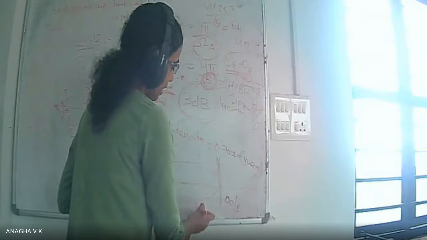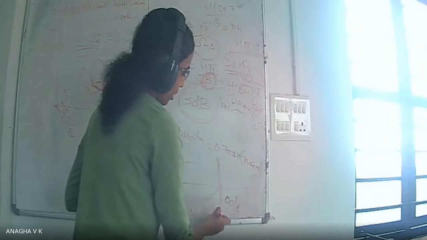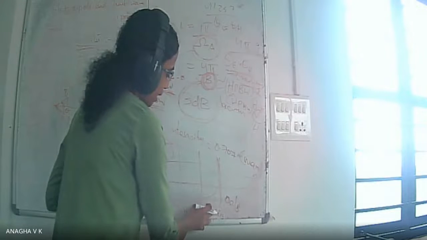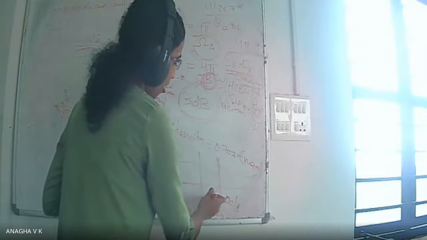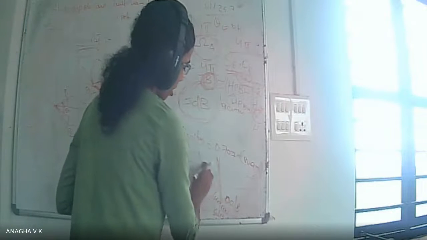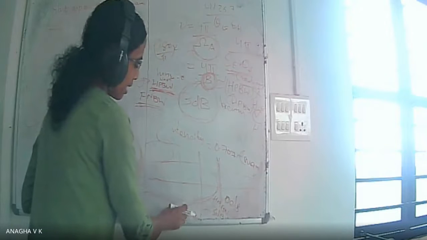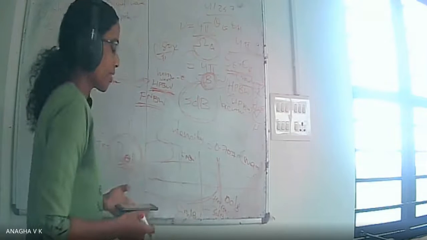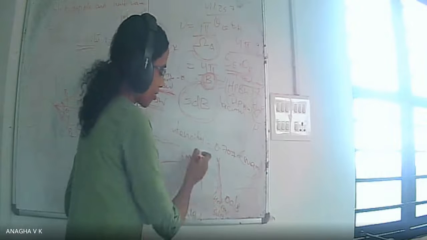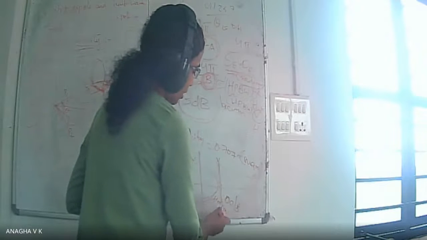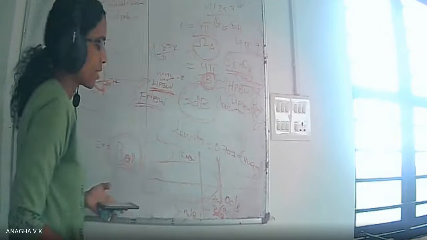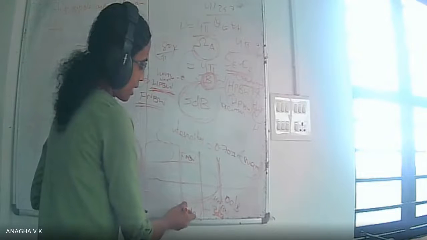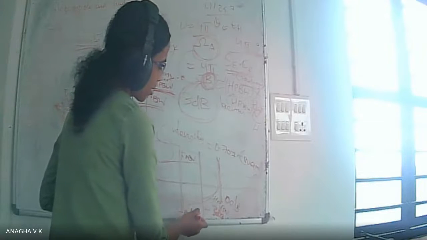So what is that? 3 dB downwards, minus 3 dB. So minus 3 dB is what? The 3 dB downwards from the maximum intensity gives the half power beam width, the half power points. So what is minus 10 dB? Minus 10 dB is the first null beam width. So 0 dB is the maximum value, the half power beam width is 3 dB down from the maximum value, meaning minus 3 dB, and the first null is minus 10 dB, 10 dB down from the maximum value.